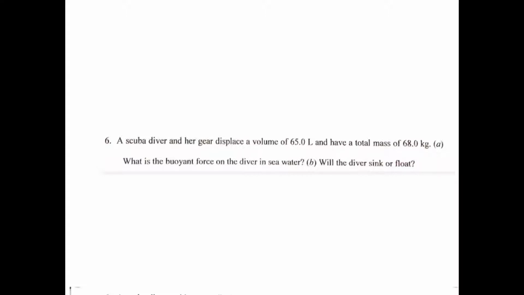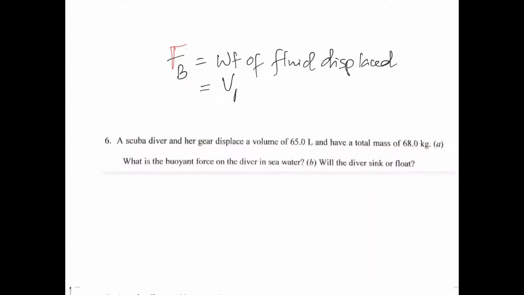Okay, how do you find the buoyant force again? Buoyant force is equal to the weight of fluid displaced. And what is the weight of fluid displaced? It's the volume of the fluid displaced multiplied by the density of the fluid. What is the fluid in this case?